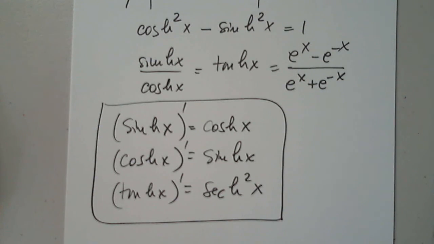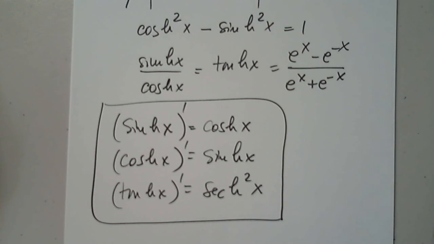And by the way, how do I evaluate this? I don't know if the calculator has hyperbolic sine, hyperbolic cosine. So if I want to evaluate, let's say, hyperbolic sine at 3, I will have to enter it like this: hyperbolic sine of 3.